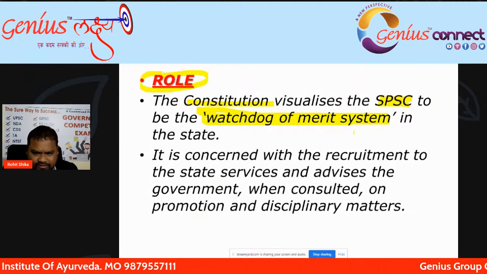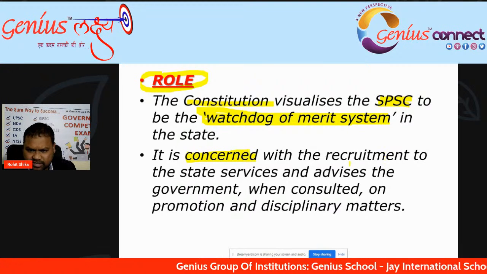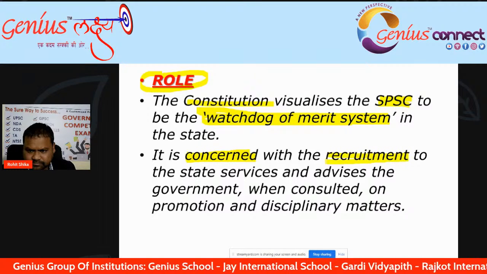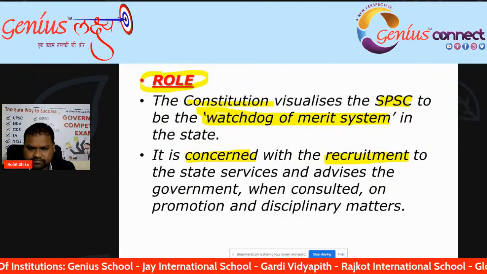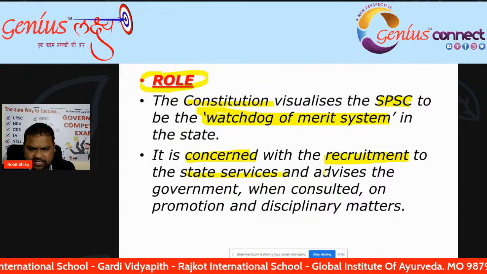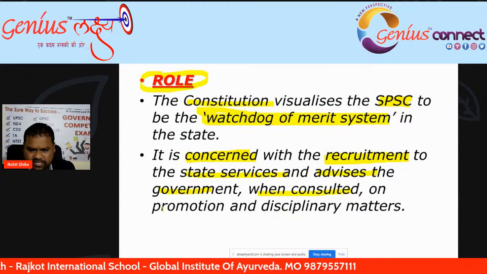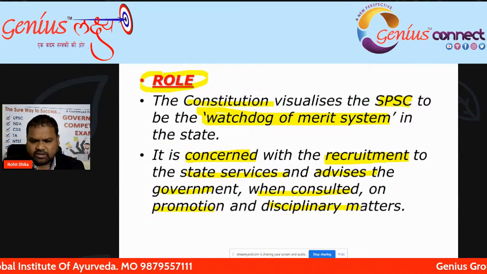It is concerned with the recruitment to the state services, and advises the government when consulted on promotion and disciplinary matters.